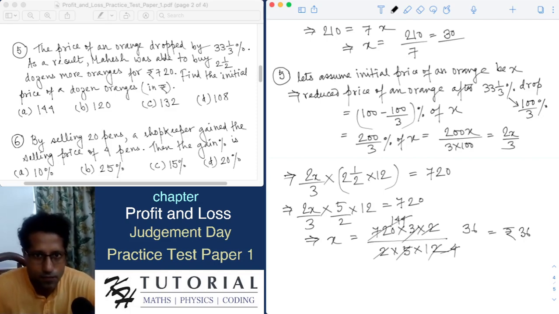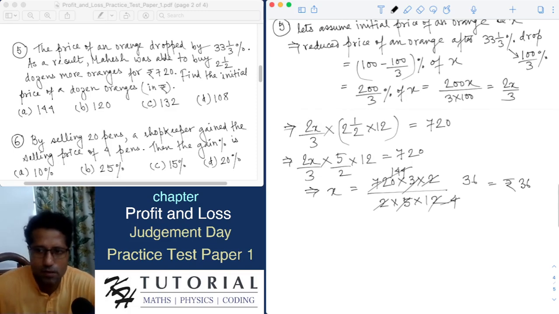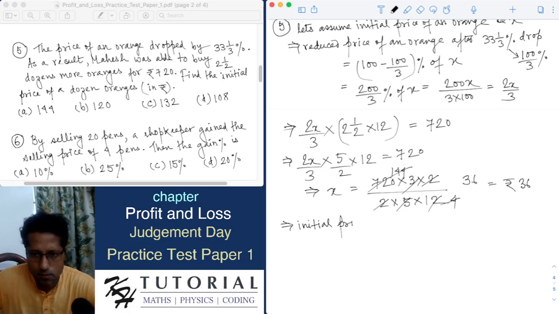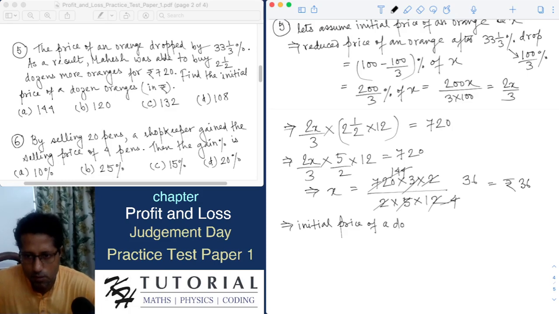It has asked to find the initial price of a dozen oranges. This implies the initial price of a dozen oranges will be equal to rupees 36 into 12.